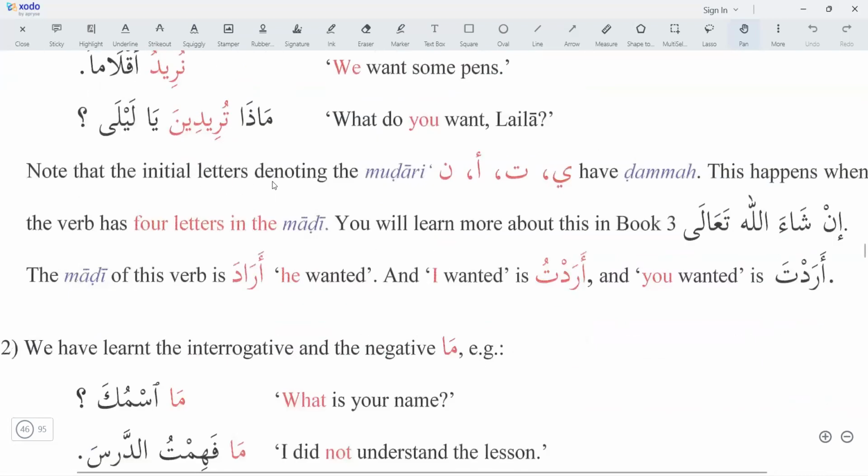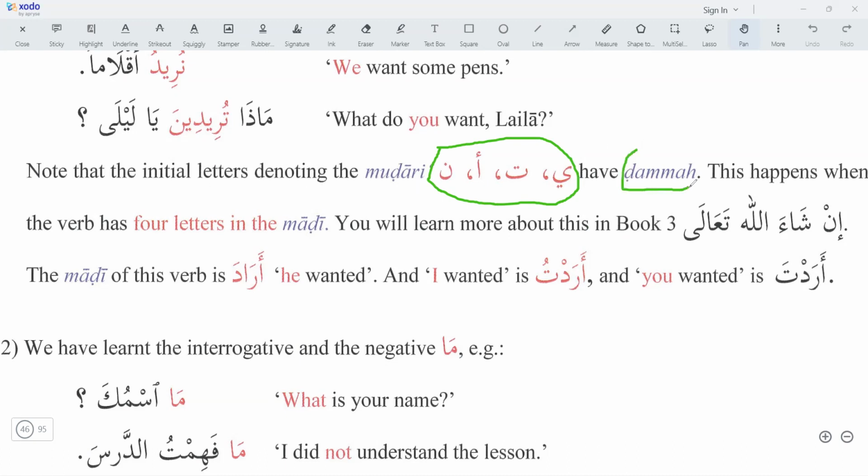Note that the initial letters denoting the mudare, the harful mudare, ya, ta, alif, and noon, have dhamma.